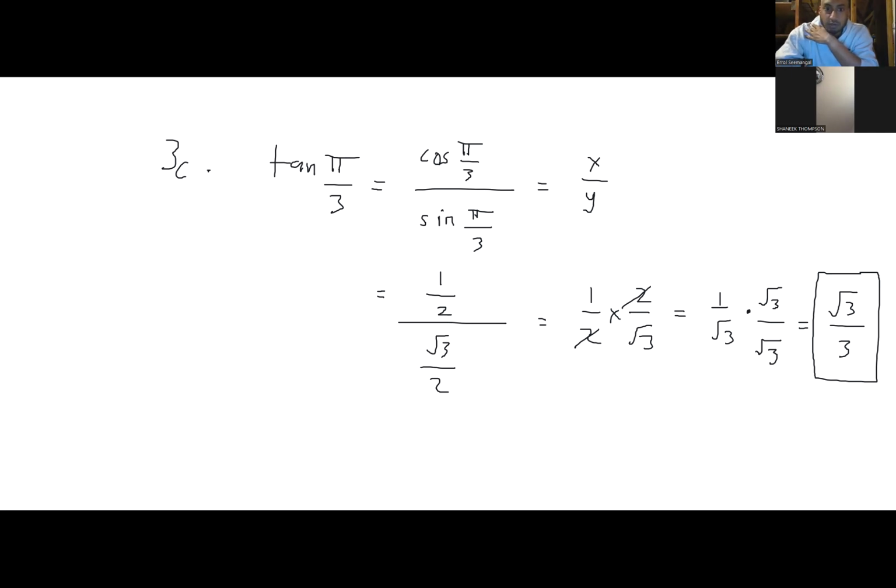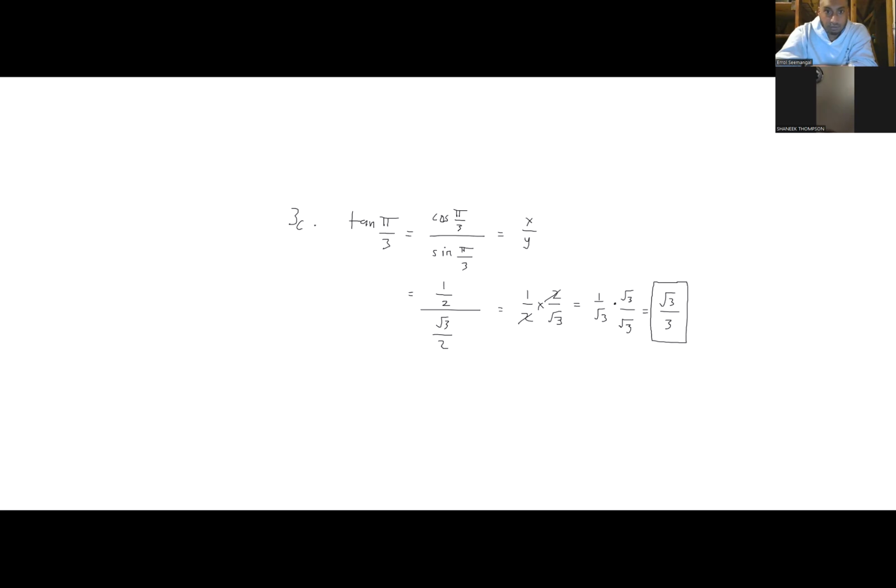So on this step, half divided by root 3 over 2 is the same thing as half times the reciprocal of root 3 over 2, which is 2 over root 3. The 2's will cancel, so you get 1 over root 3. And then multiply the top and bottom of that by root 3. You'll get root 3 over 3. That's 3c.